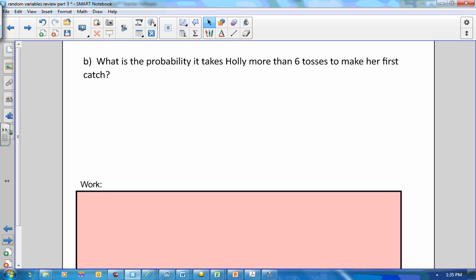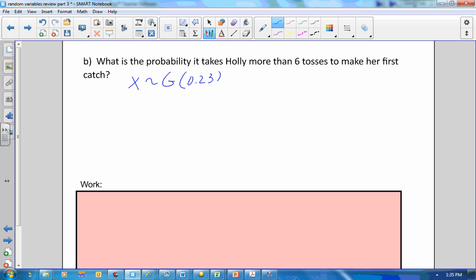All right. Follow up to that: what is the probability that it takes Holly more than 6 tosses to make her first catch? So what's that going to look like? Again, a random variable x, still geometric, probability of success still 0.23. And our value of interest is the probability that it takes her more than 6 tosses before she has her first success. When I have an inequality, I like to put a little number line on there.